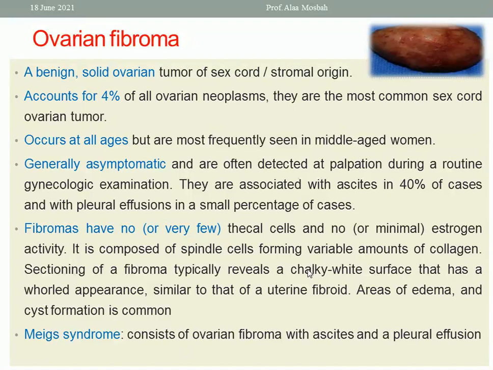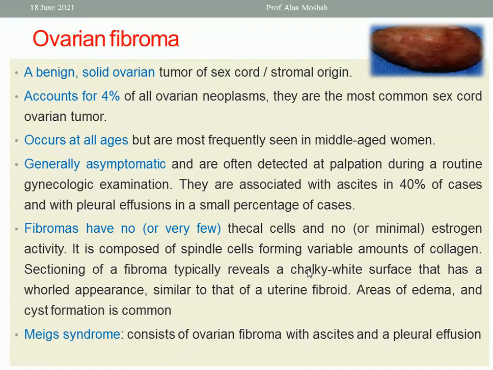And this is what's called Meigs syndrome: ovarian fibroma, ascites, and right pleural effusion. Fibroma has no thecal cells, but may have a few thecal cells, and may be functioning or non-functioning, and if functioning, minimal functioning with estrogen activity.